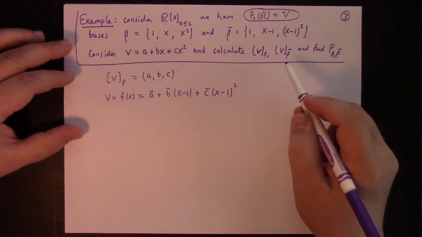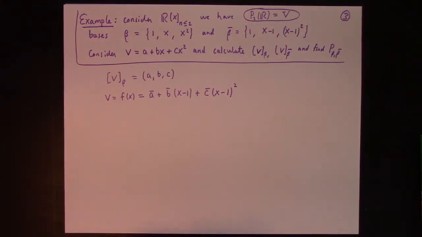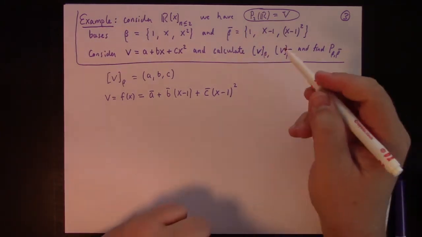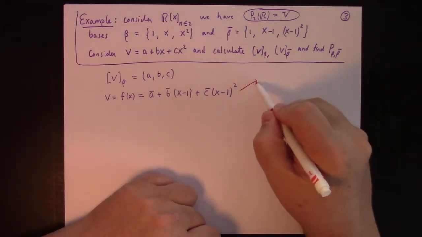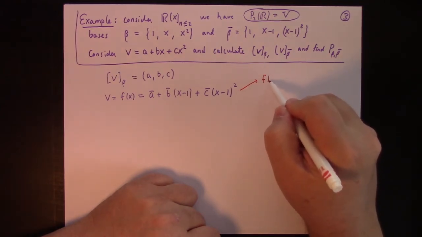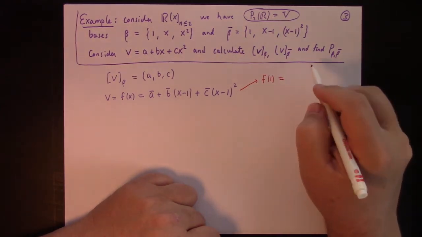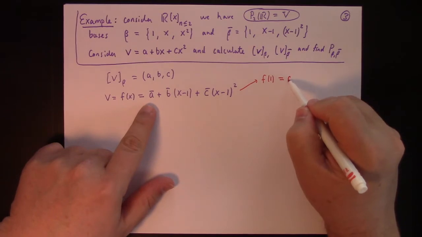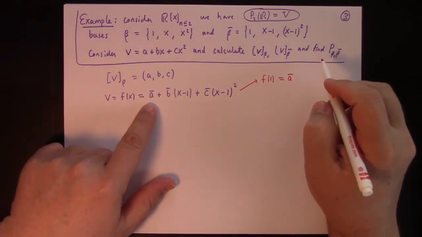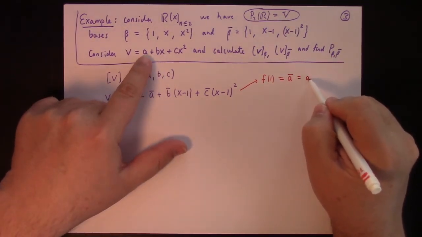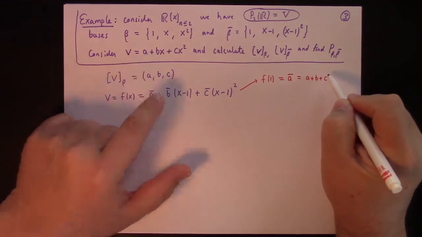Since we know calculus, we can make our life a little bit easier. Think about Taylor's theorem in this particular case. This is a trick for this particular example, but anyway, f of 1 would just be a bar, but f of 1 would also be a plus b plus c.